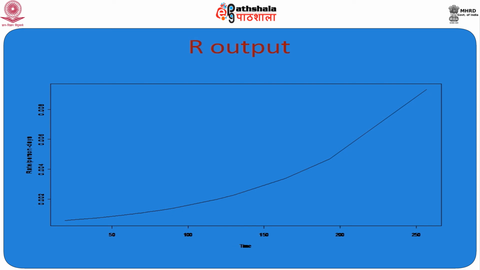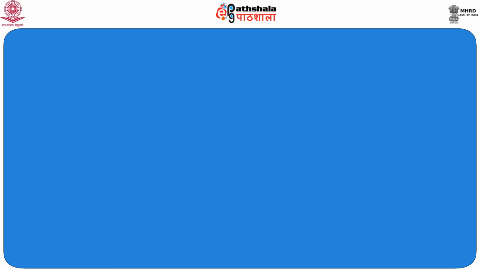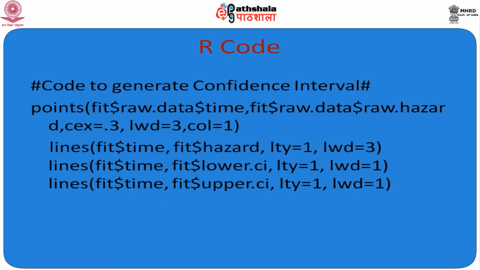Now coming to generating the confidence interval of that hazard. Here we are putting fit's raw data as time, and fit's raw data of hazard, and again cex, lty, and col stand for generating different kinds of coloring, line spacing and line type for the plotting.